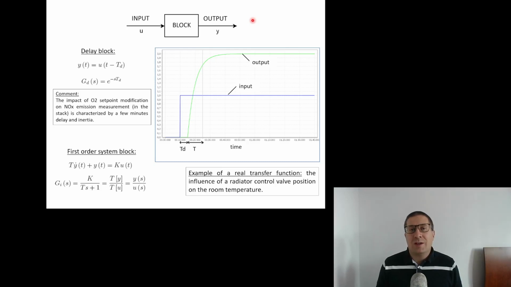Usually I will wait a few seconds, tens of seconds, hundreds of seconds, minutes or hours, even days, depending on the system, before I see that the output starts to change.